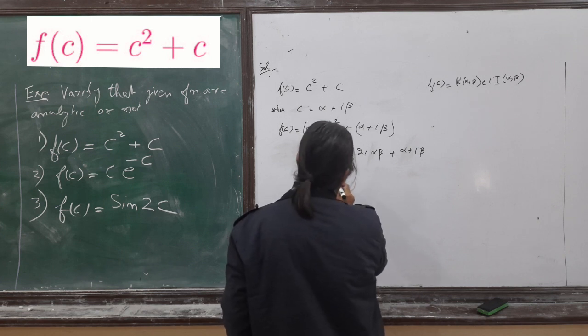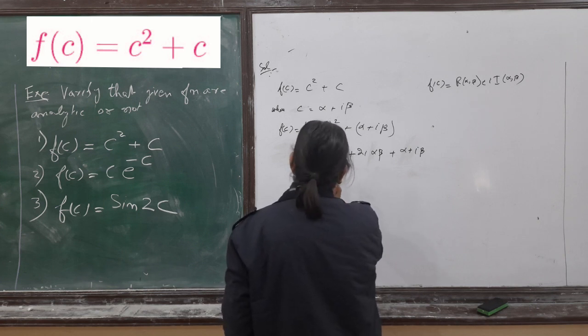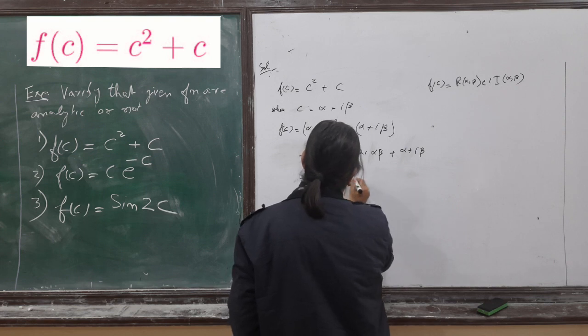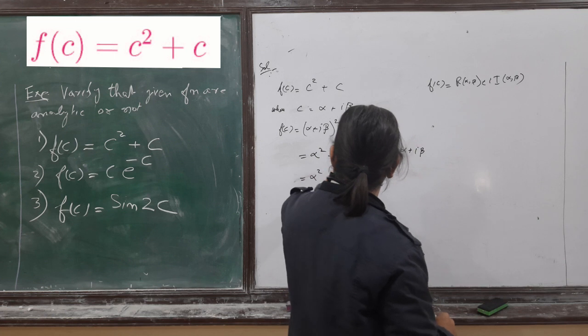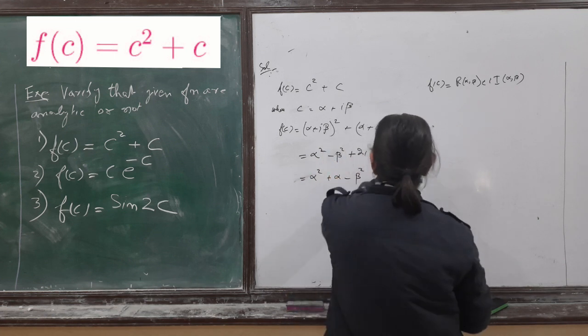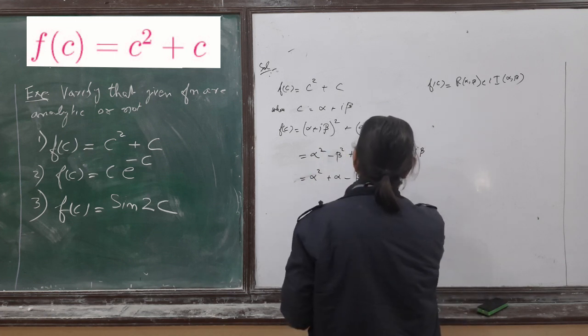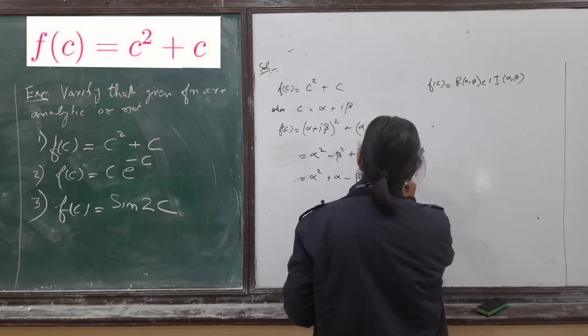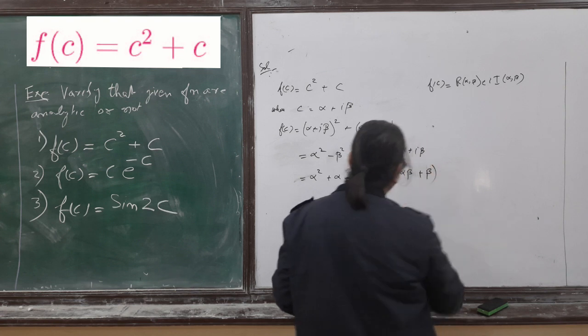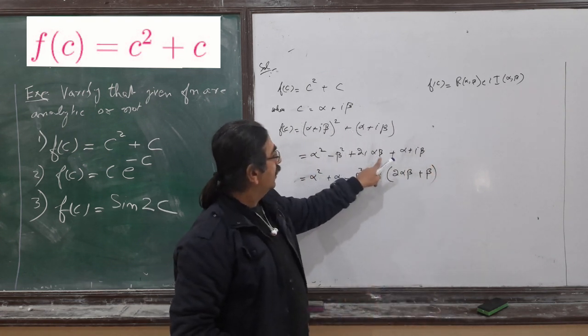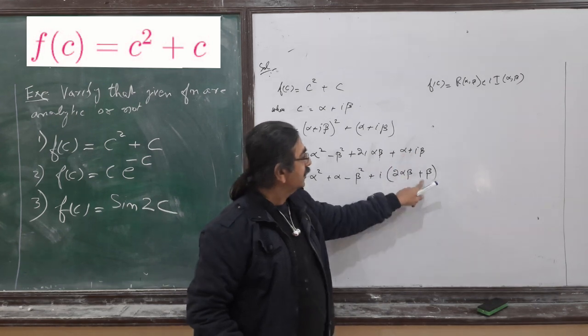Alpha square minus beta square plus alpha, plus iota times (2 alpha beta plus beta).